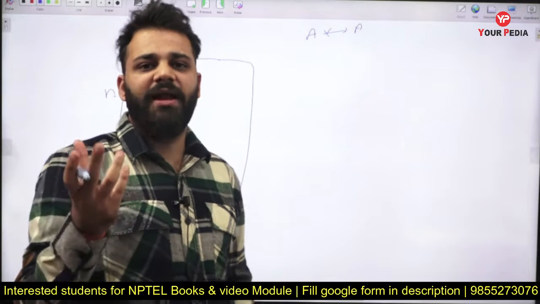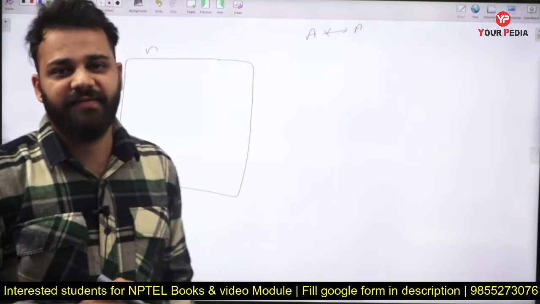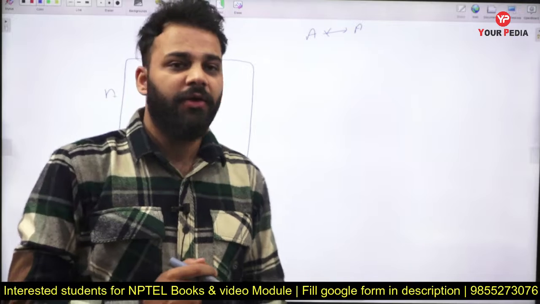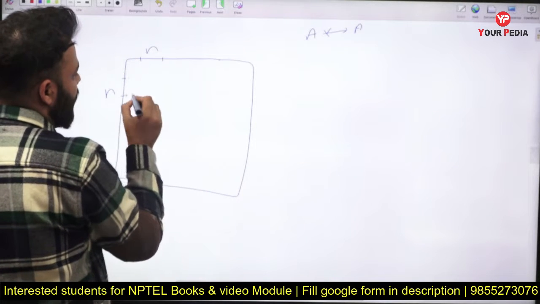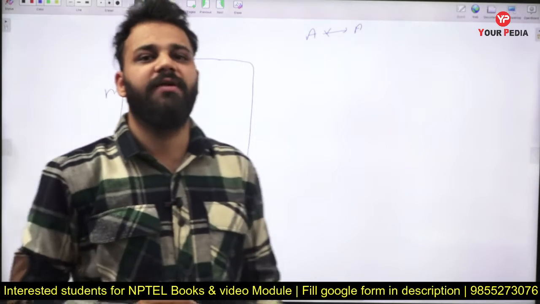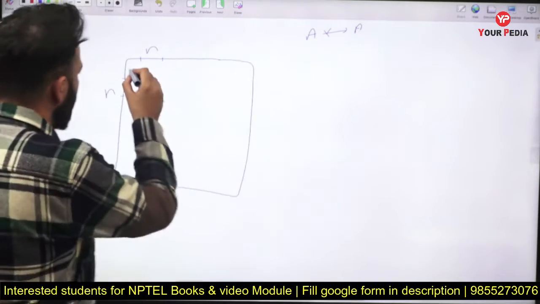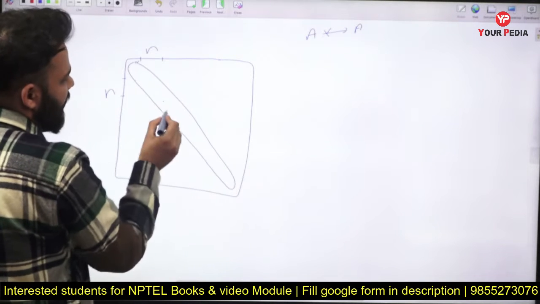Now any element, let's say 2 comma 2. So 2 comma 2 is a part of a reflexive element, so it should be present here. Let's say 1 here, 2 here, then 1 here, 2 here. So all the diagonal elements represent reflexive elements. Let's mark all the diagonal elements. Now how many elements will be there?